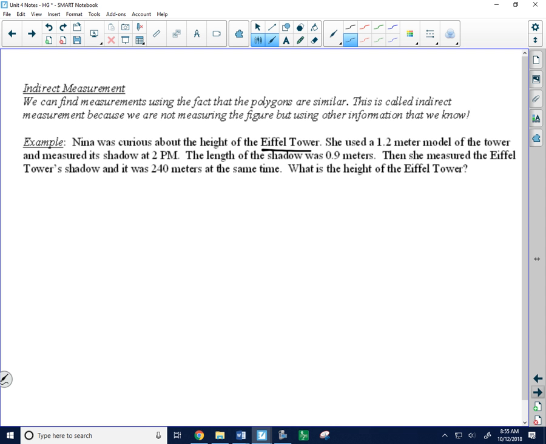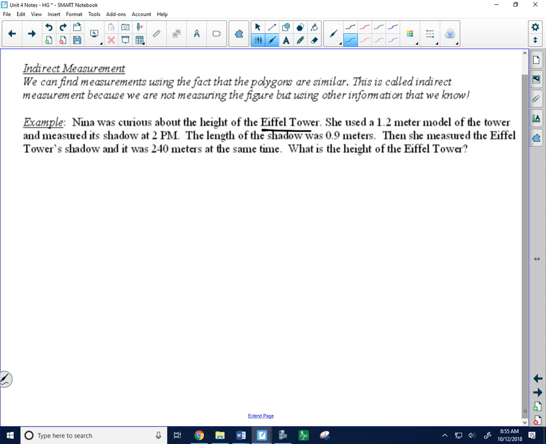Here's what Nina did. Here's what you could do. She used a model of the Eiffel Tower. So I'll put the model here. That's my Eiffel Tower. I don't know how to draw it. So she used a model that's 1.2 meters tall.